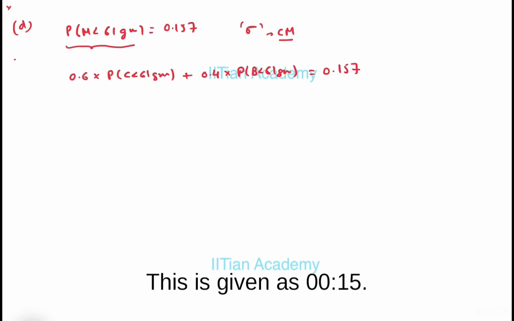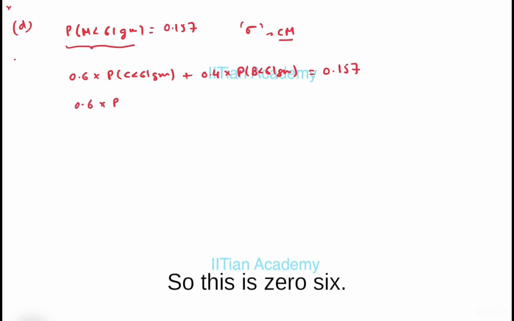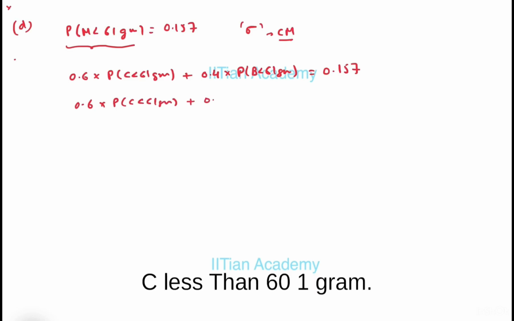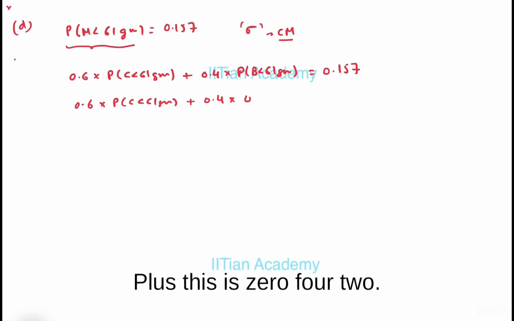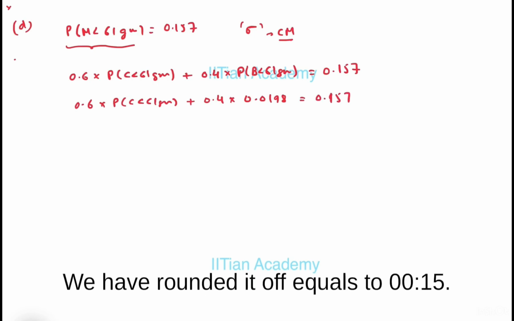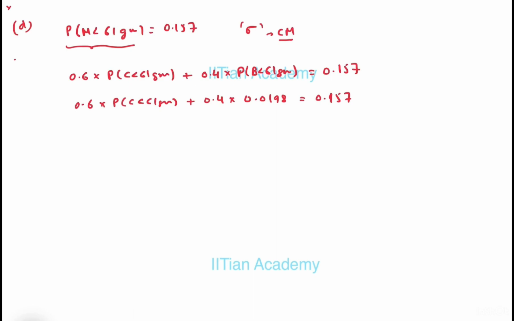This is given as 0.157. So this is 0.6 into this, which we have to identify, plus 0.4 into this, given to us as 0.0198. We have rounded it off, equals 0.157.